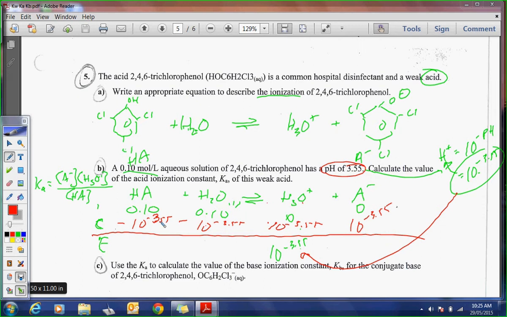Okay, and is that 0.1 subtract that number? So what's 0.1 subtract 10 to the power of negative 3.55? 0.0997. So we'll stick with 7. And this will also be 0.0997.